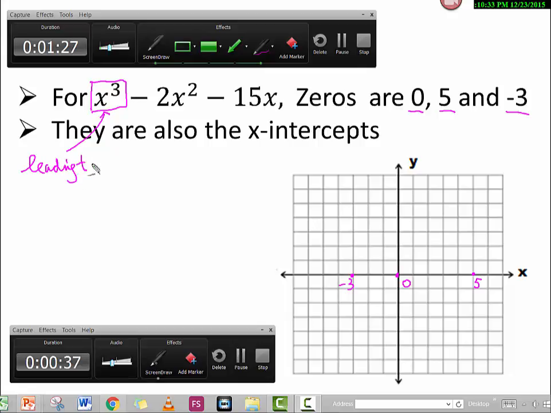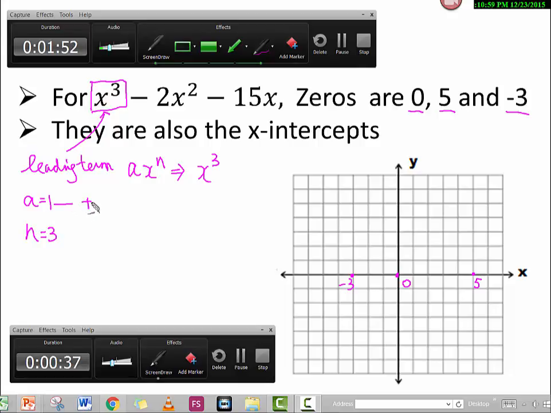We determine the end behavior and the turning points of the polynomial functions. So the leading term a, x, n, and in this case we have x to the third power. So the a is going to be 1 and the n is 3.